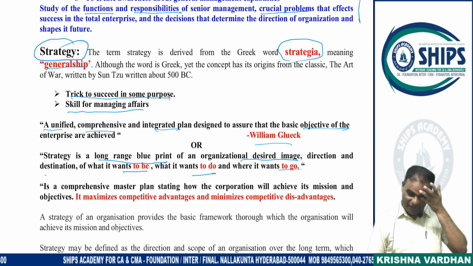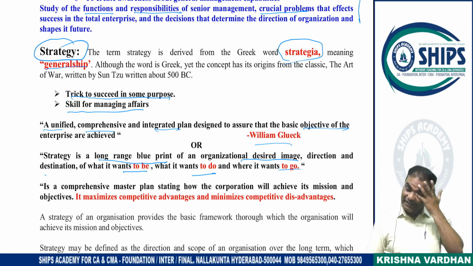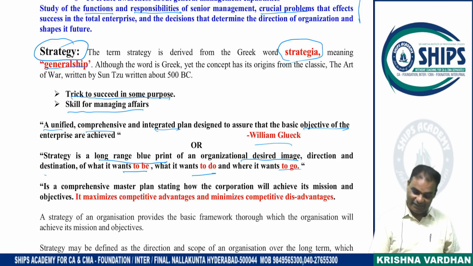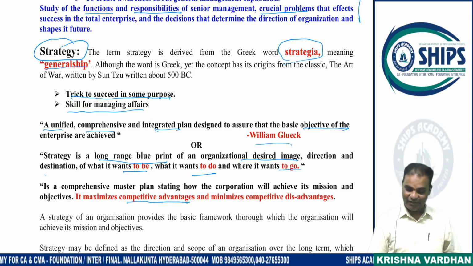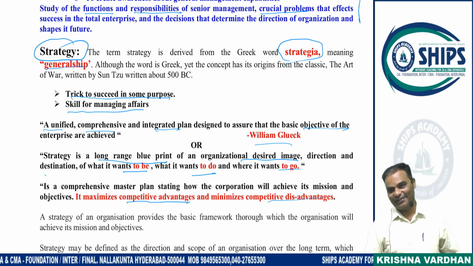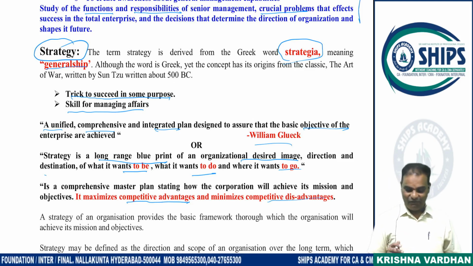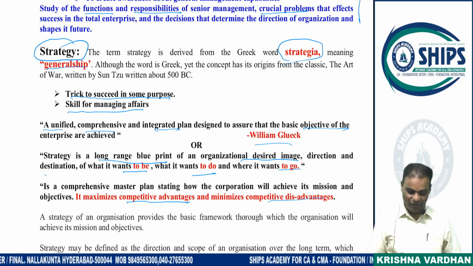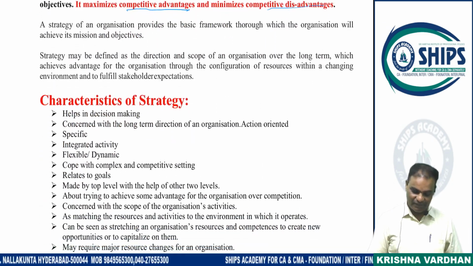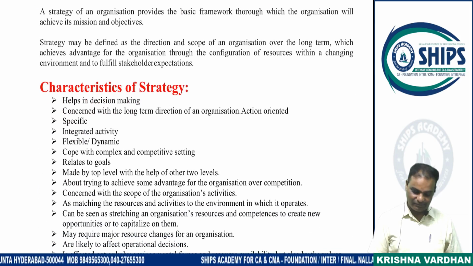Or there's one more way. Strategy basically increases your what advantage? Competitive advantage, and will reduce your competitive disadvantage. Why am I putting all these words in your brain, in the next topic I'll tell you. Just look at it now.